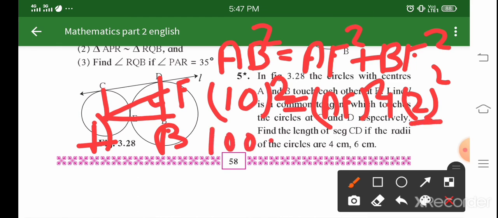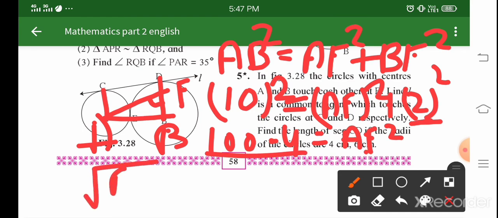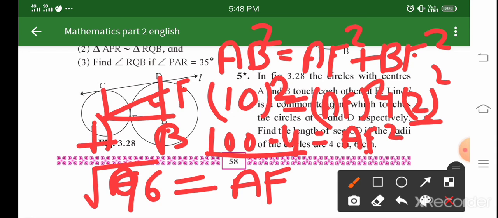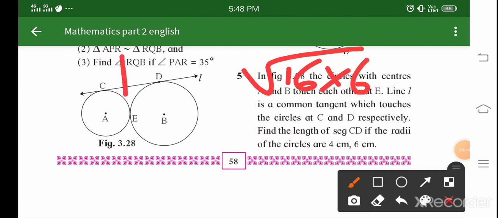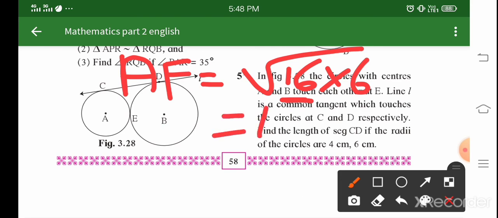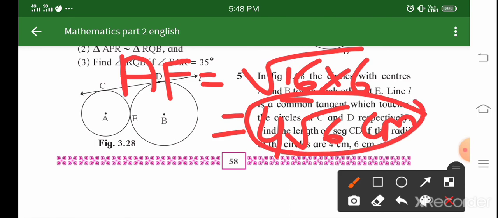Just take this 4 here, you will get minus, and this AF square, when you subtract this you will get 96. So this 96, we just split this number, you will get 16 into 6, right? AF is equals to square root of 16 into 6, so 16 is the square of 4 and this is root 6 centimeter.